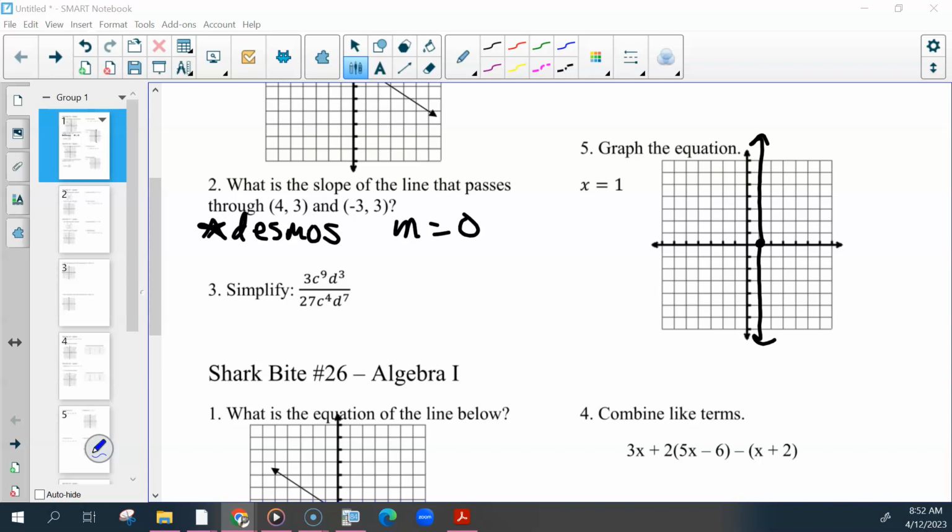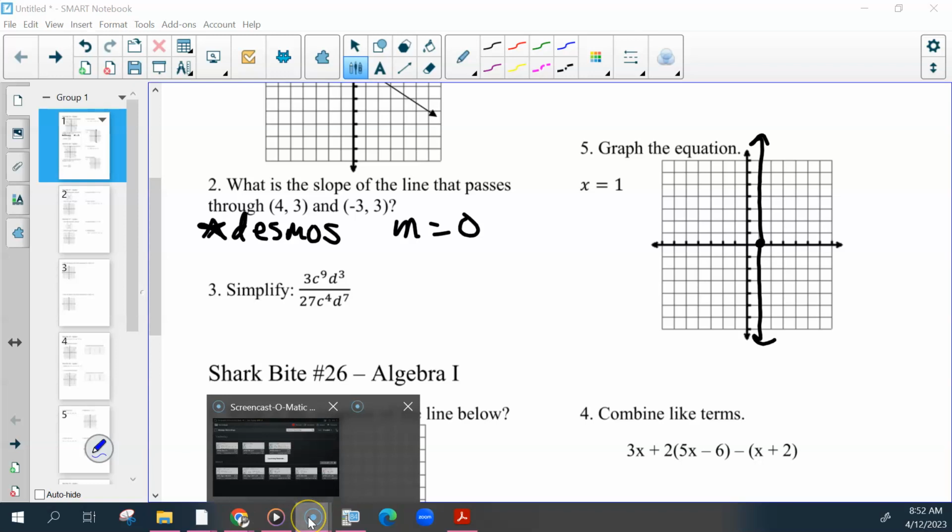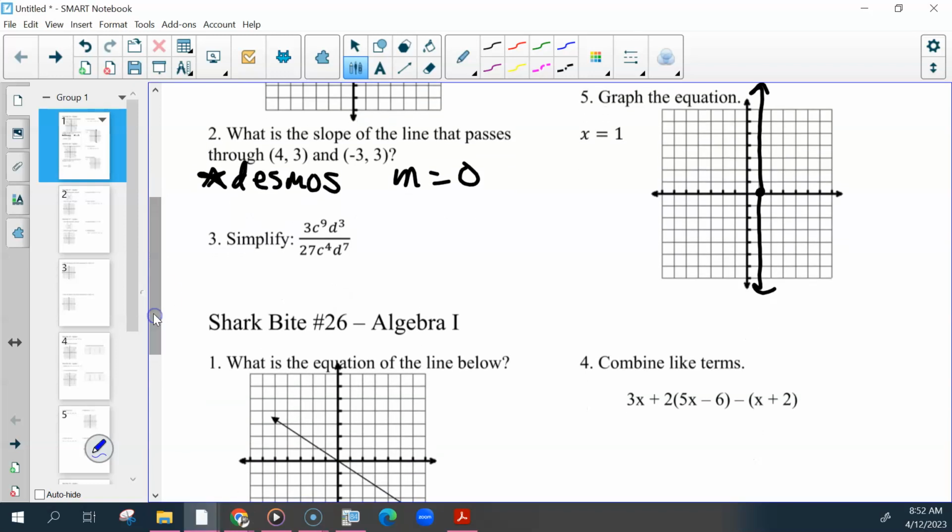So for number 3, this was way back when we were doing exponent rules. So for actual numbers, we're dividing or simplifying. For like bases that we're dividing, we're subtracting the exponents. So 3 over 27 would give us 1/9. 9 minus 4 would give us c to the 5th. 3 minus 7 would give us d to the negative 4th.